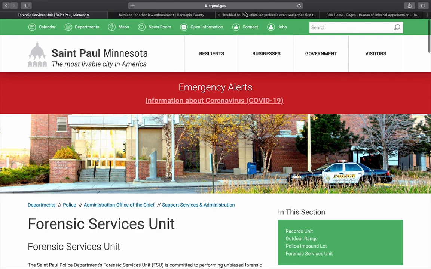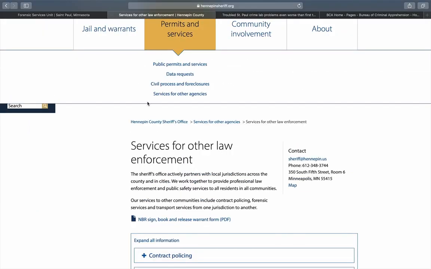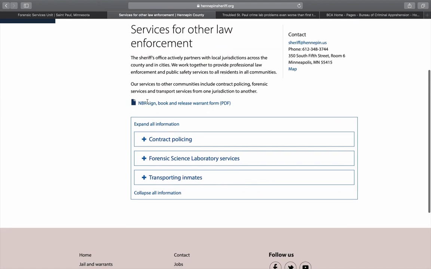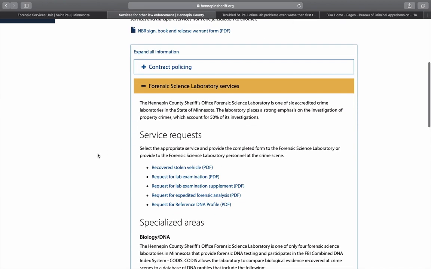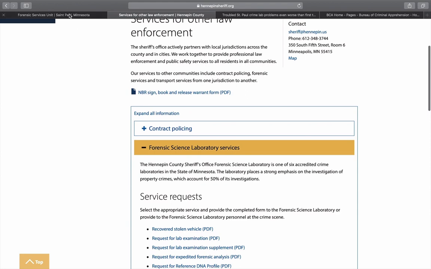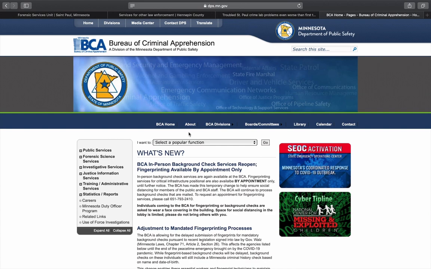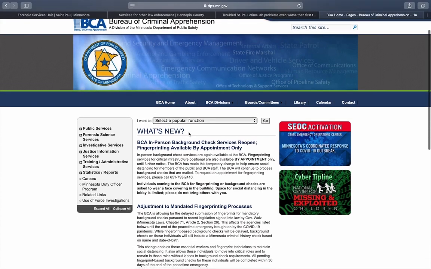There is the laboratory unit in Minneapolis, and there's the BCA in St. Paul. In Minnesota, the Bureau of Criminal Apprehension.